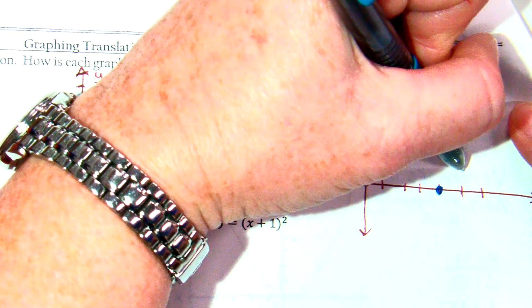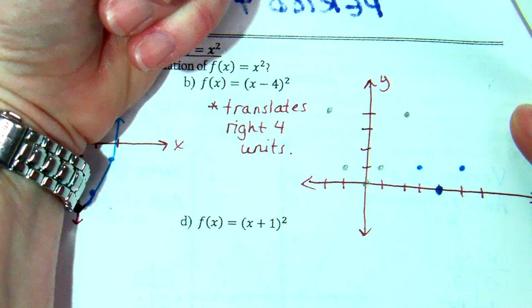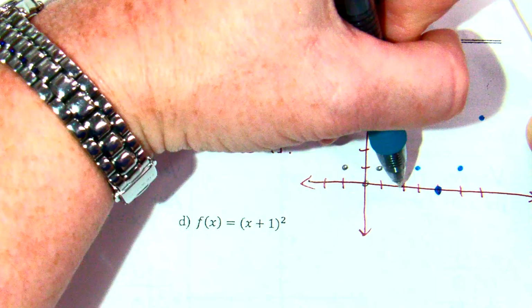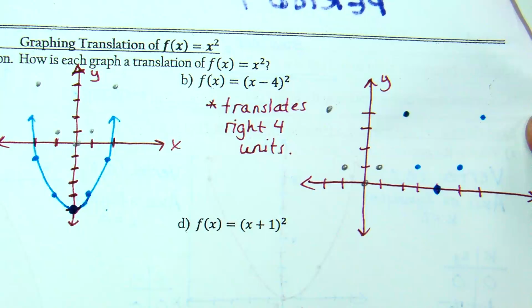Over right 1, up 1, and over left 1, up 1. Besides 1, 1, what's my other set? Over 2, up 4. Left 2, up 4. Which there is already a dot. It was originally the right side of the parabola, now it's the left side of my new parabola.